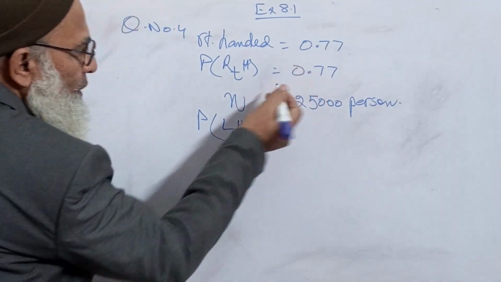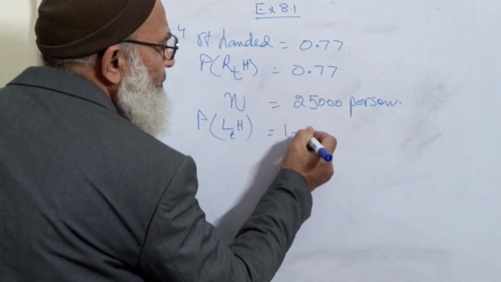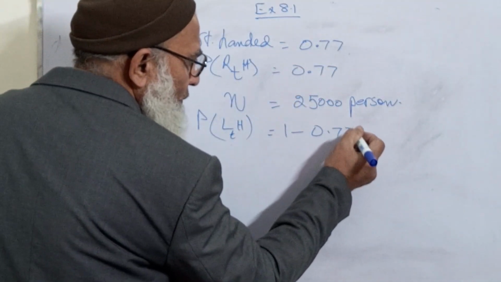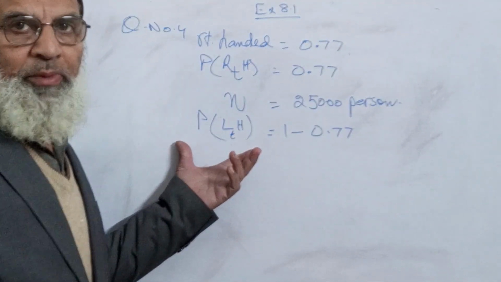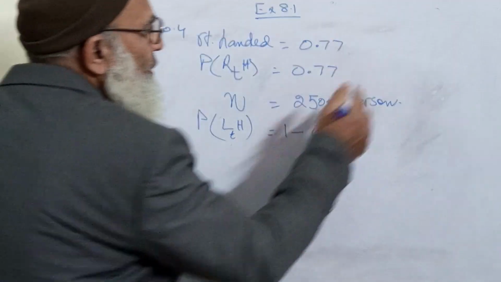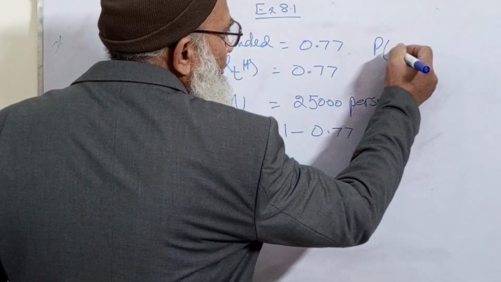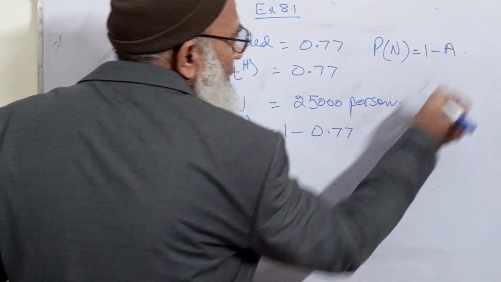That should be equal to the probability 1 minus the probability of the event. Now, this is not the probability which is given to us. Okay, I told you about the probability of not, that is equal to 1 minus A.